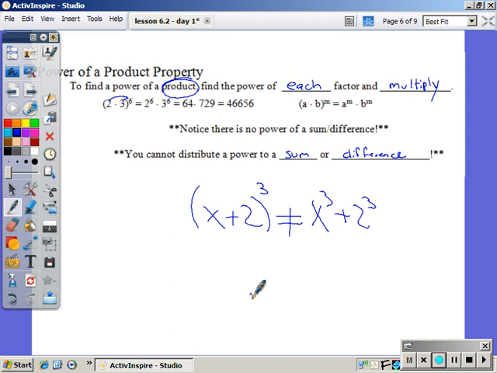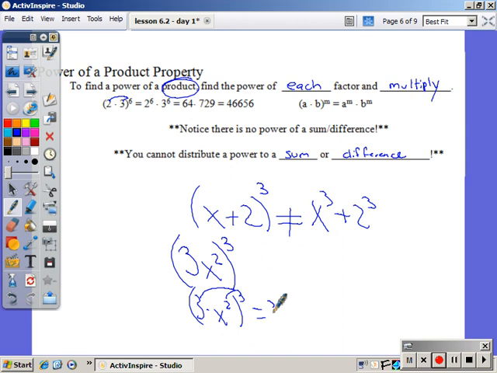What if I do have a product, if I have 3x squared and I want to raise that to the third? This is multiplication. This is really 3 times x squared, that quantity cubed. This is a product, so I would want to distribute that exponent to both.